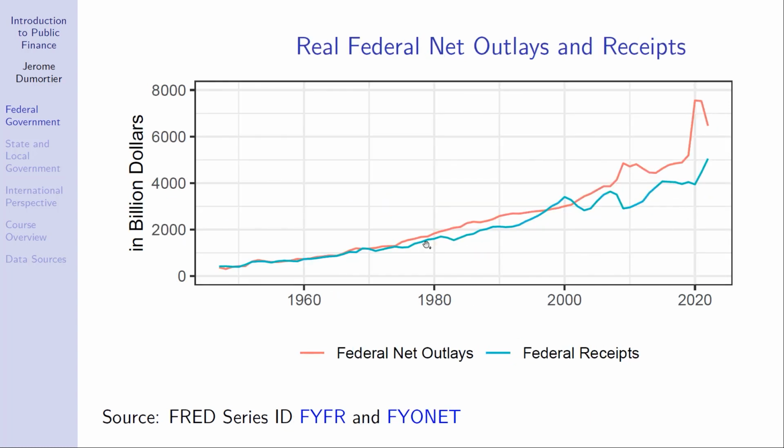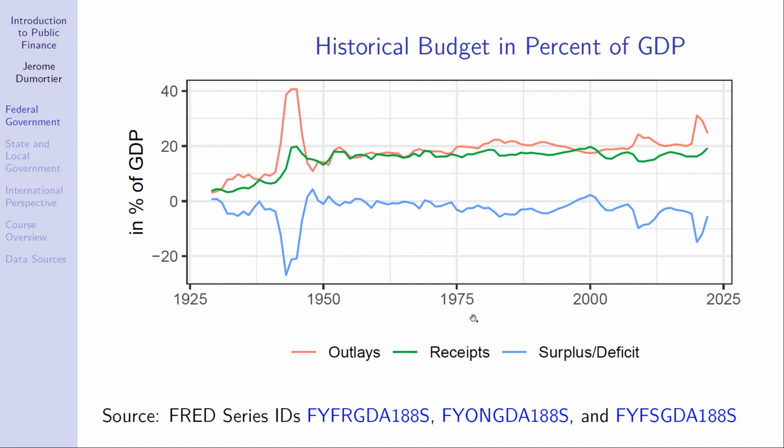Now, although this seems to be a large increase, if we compare government expenditures in relation to GDP, or the size of the economy, then you see that this has been relatively stable over time. Here, of course, you have the war effort of the Second World War.